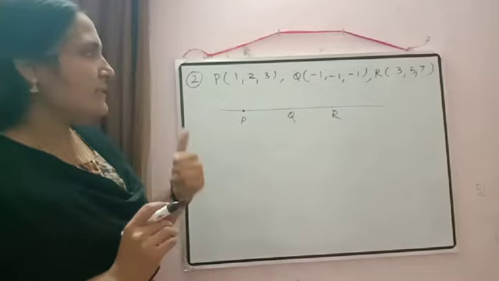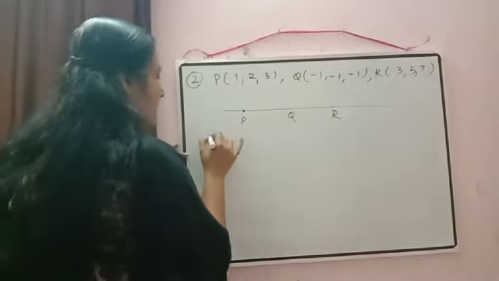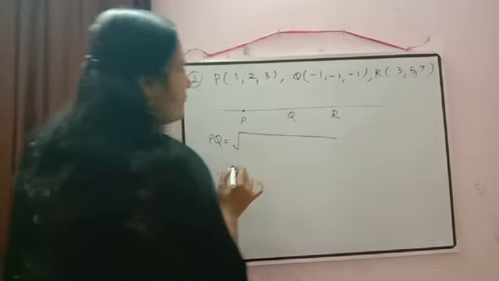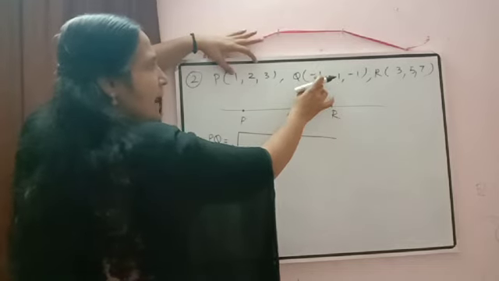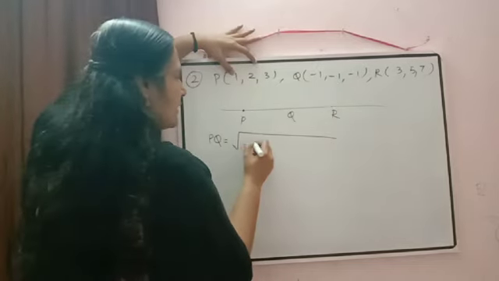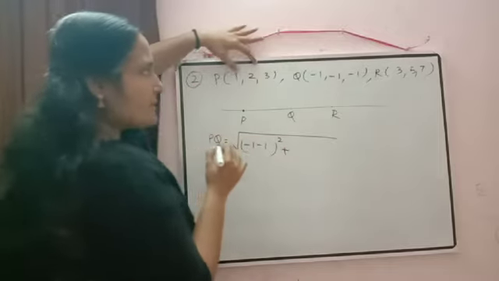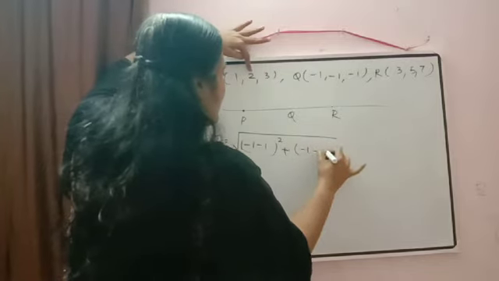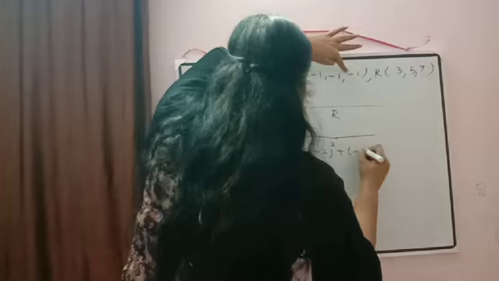Okay. So now we can calculate the distance first. First PQ. PQ is equal to square root of x2 minus x1 the whole square, so minus 1 minus 1 the whole square, plus y2 minus y1, so minus 1 minus 2 the whole square, then plus minus 1 minus 3 the whole square.